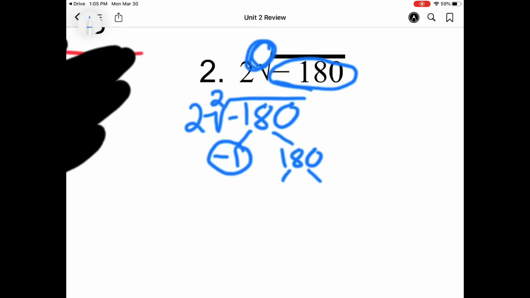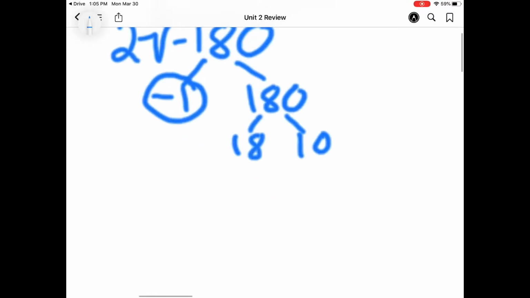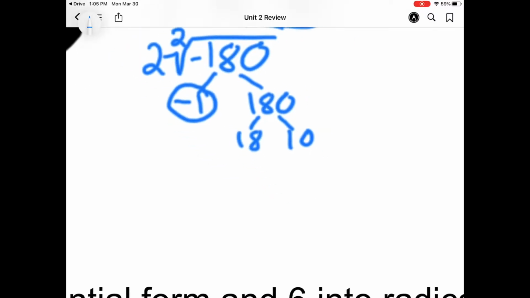Now our 180, I want to separate what times what gives us 180. It is 18 and 10. Yes, you can come up with different numbers. It will still give you the same prime numbers at the end. So 18, we've got 2 times 9 gives you 18. 2 is prime, so you circle it. 9 is not, so you're going to keep going. 3 times 3 gives you 9.